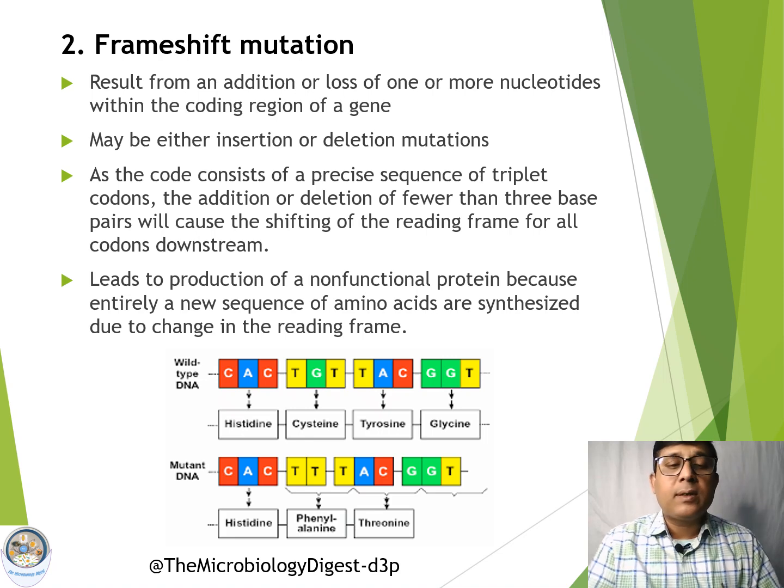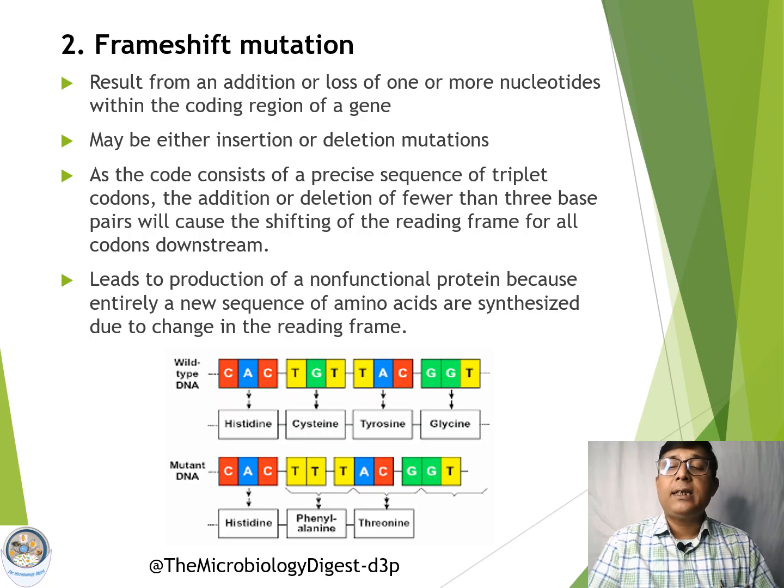The second type of mutation is frame shift mutation. The first type was point mutation and the second is frame shift mutation. From the name itself you can understand. Here there is addition or loss of one or more nucleotides within the coding region of a gene.